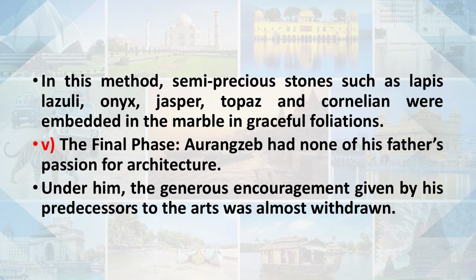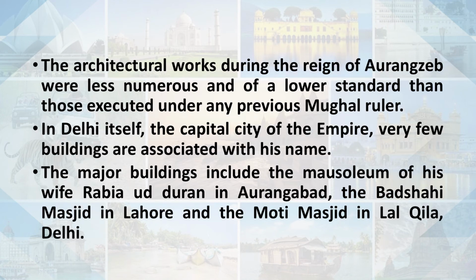The final phase of the Mughal architecture. Aurangzeb had none of his father's passion for architecture. Under him, the generous encouragement given by his predecessors to the art was almost withdrawn. The architectural works during the reign of Aurangzeb were less numerous and of a lower standard than those executed under any previous Mughal ruler.